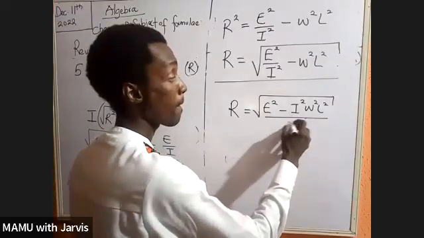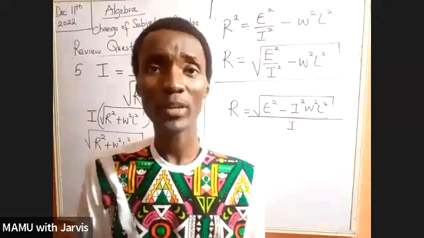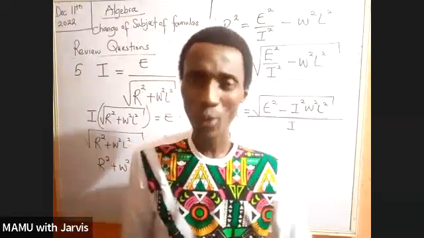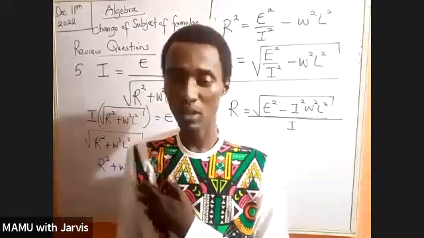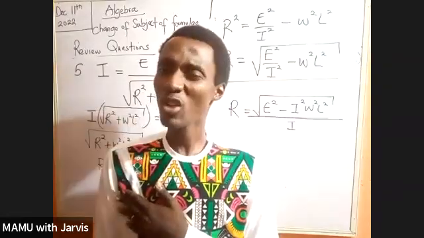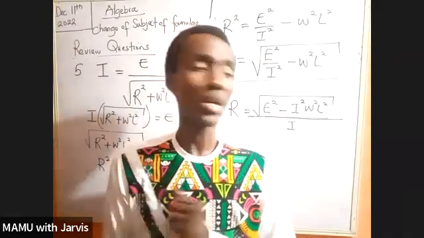Oh, I didn't get over I squared. I only got over I, the denominator. Yeah, is it correct? Very correct. So I can say without a doubt that we are now the keepers of change of subject of formulas. So I trust that no matter how they set the question, you should be able to answer.